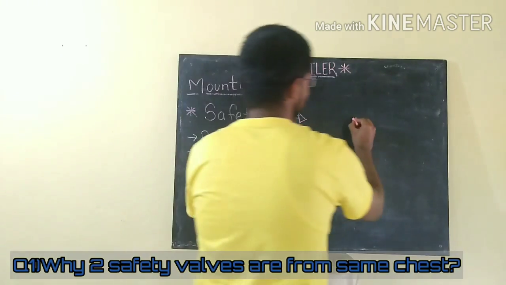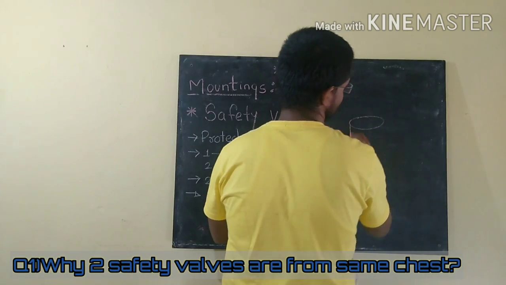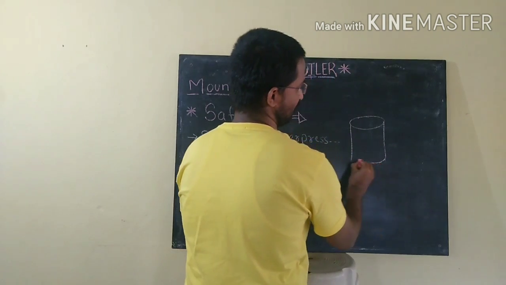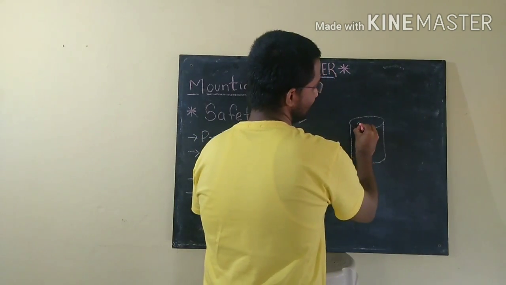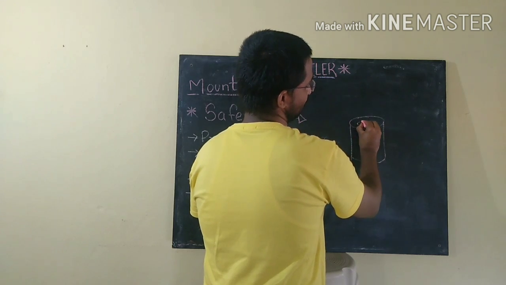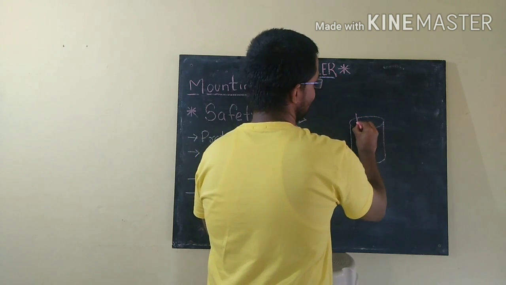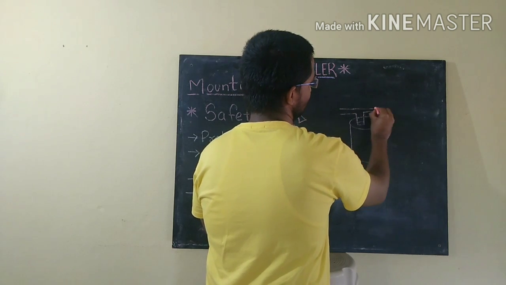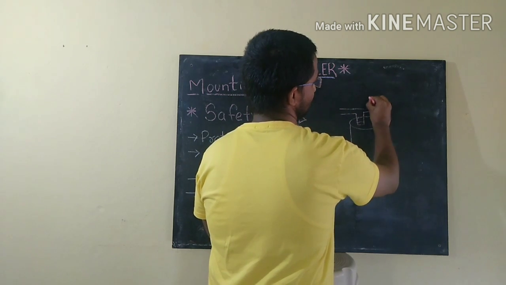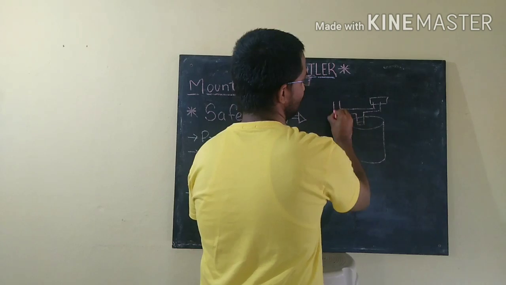Like if this is the boiler and here you want to put the safety valve, cut a single circle, and from this single chest two safety valves are there.